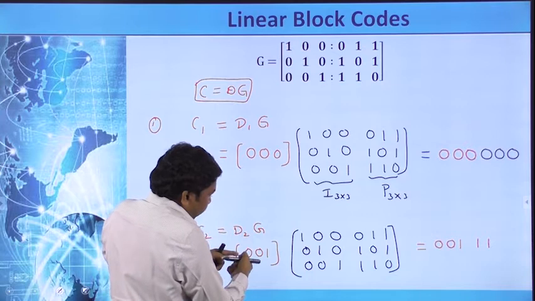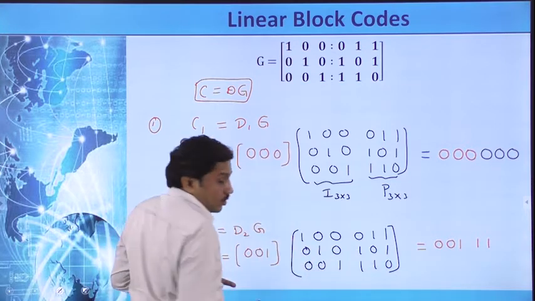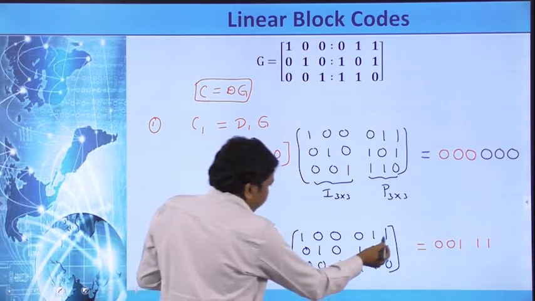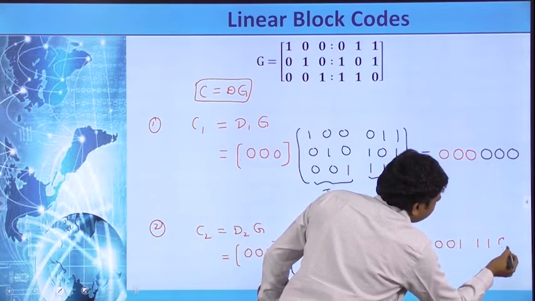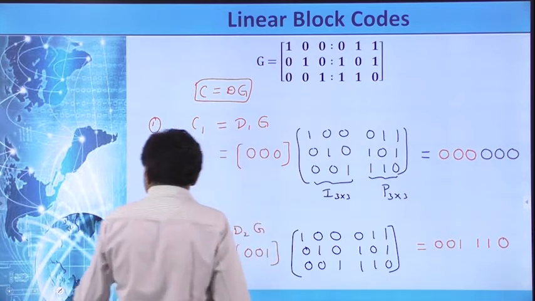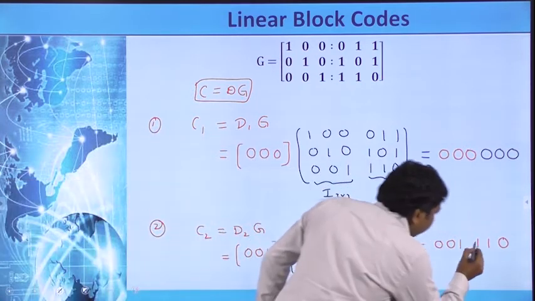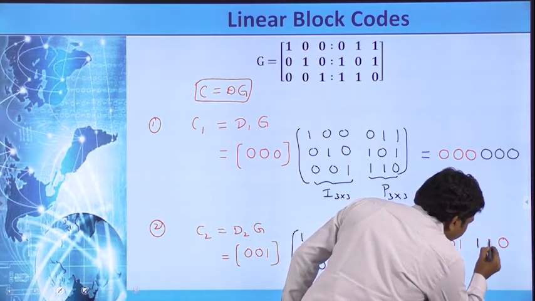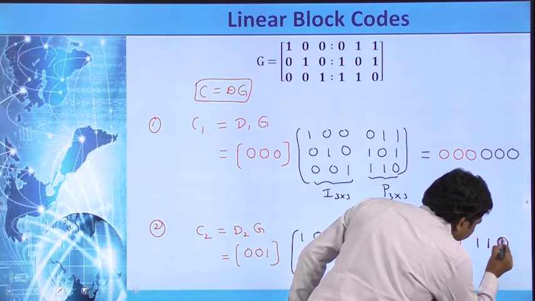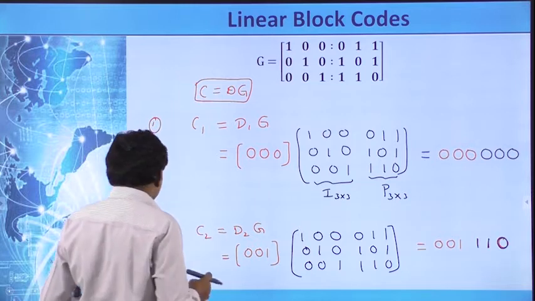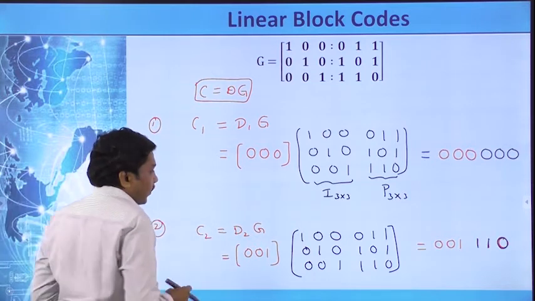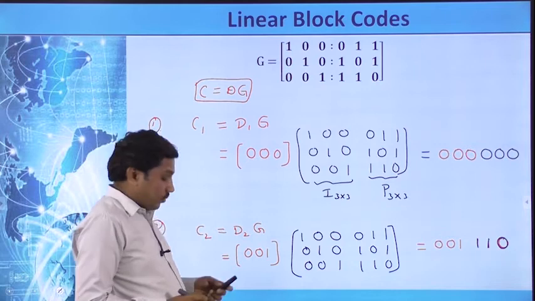Last one, this row is multiplied with the last column, that is the 6th column: 0 into 1 is 0, 0 into 1 is 0, 1 into 0 is 0. So that is the second code word.